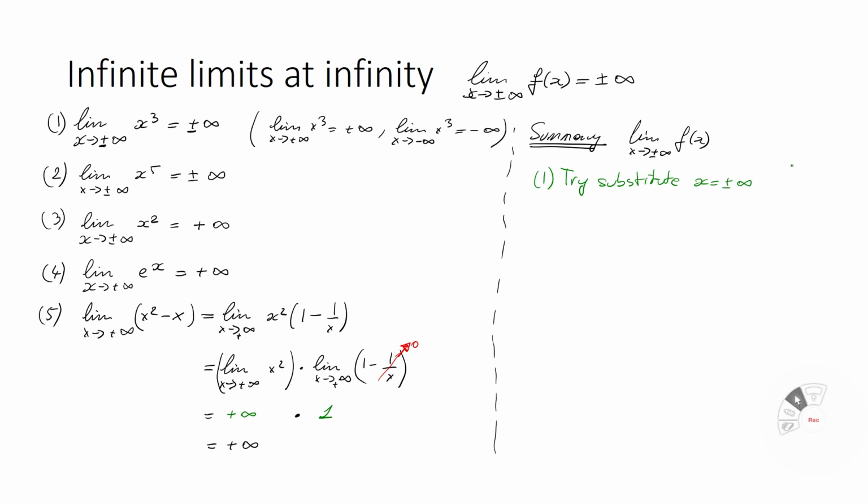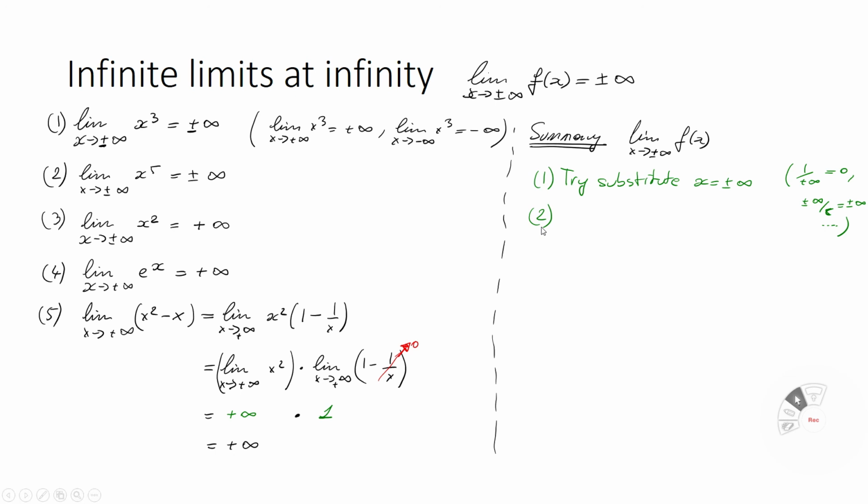Sometimes you get things like 1 over plus infinity, that's 0. Infinity divided by a constant, that's plus or minus infinity, and so on. So oftentimes, even if you want to do it more formally later, this is a good way to see what the answer should be.